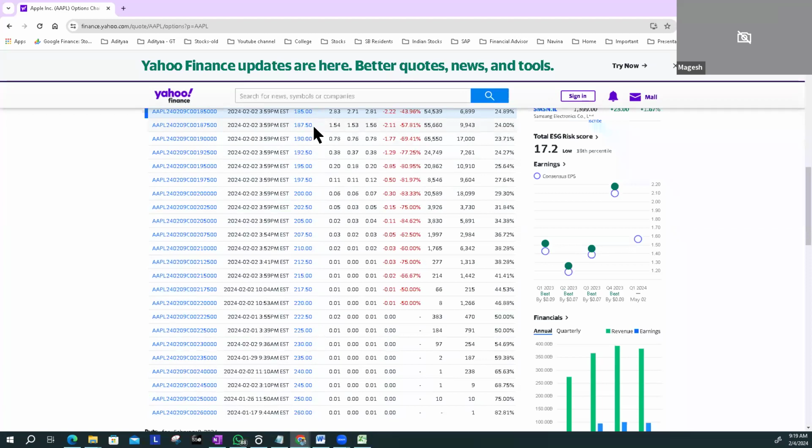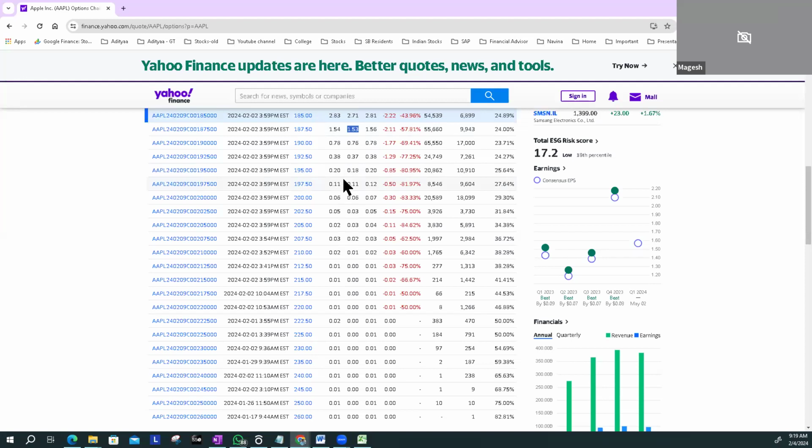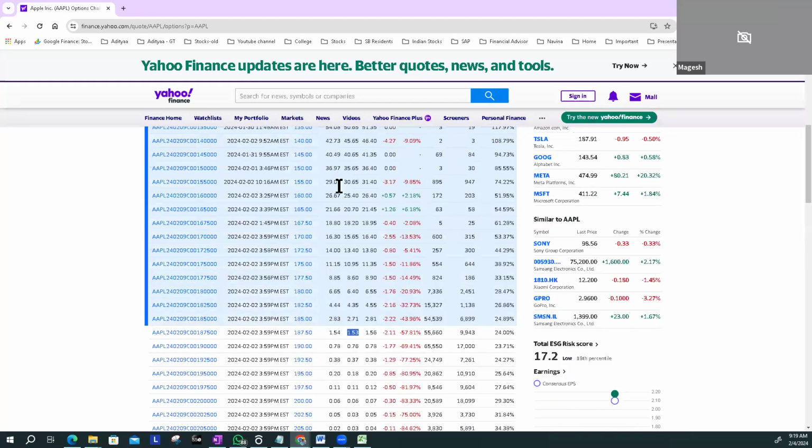Say if you buy 187.50, the entire $1.54 is time value. We're just hoping that it's going to go up based on some parameters, results, news, and you just want to risk very little. So you just pay $1.50 and you expect it to go beyond 187, and then you can make some money.